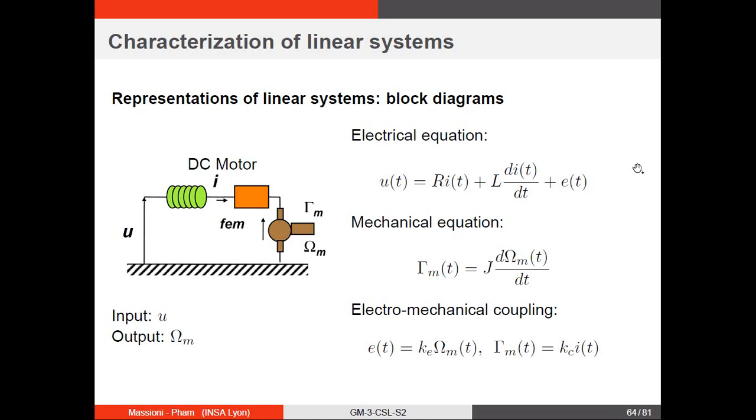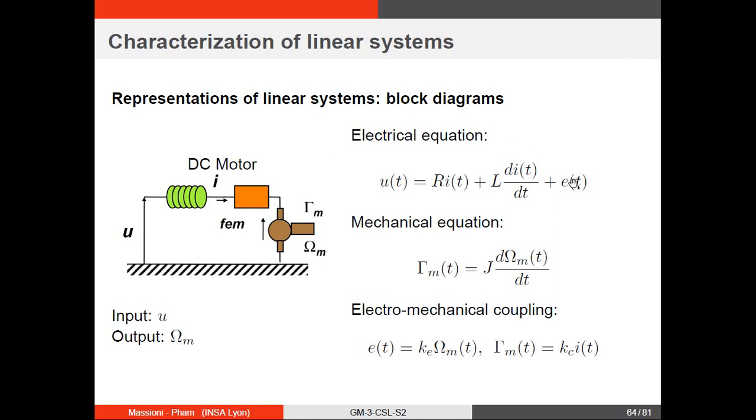So we have a DC motor represented here. The input is the voltage outside and the output is omega m, the angular velocity of the shaft. So this system is ruled by two equations. There is an electrical equation written over here with derivative of current I appearing. So this should ring your bell.